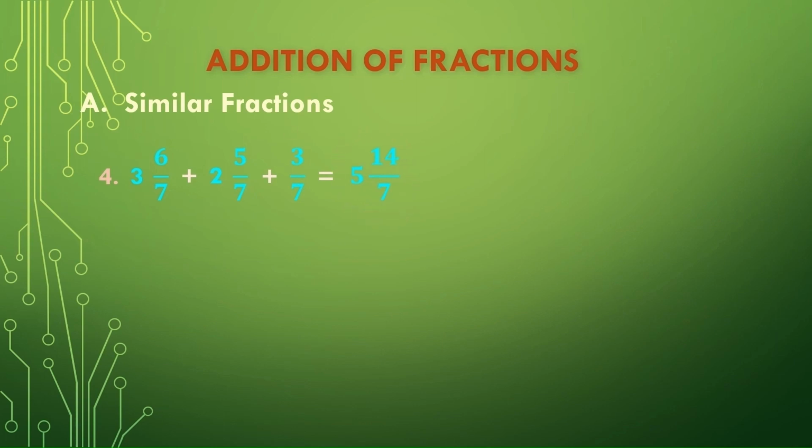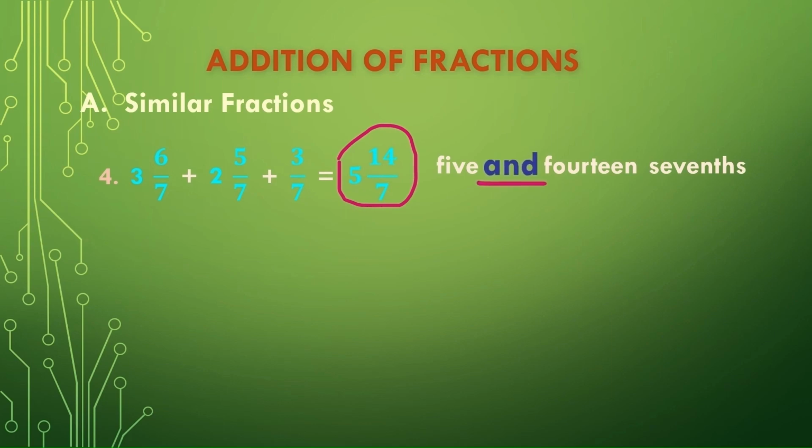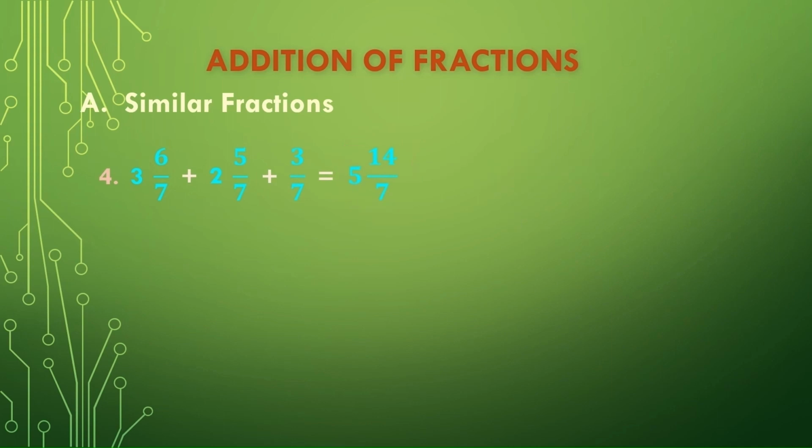As we can see, the fraction part of the mixed number is an improper fraction. Hence, we need to simplify our answer. We read this mixed number as 5 and 14/7. The word "and" here implies addition. So, 5 and 14/7 is equal to 5 plus 14/7.